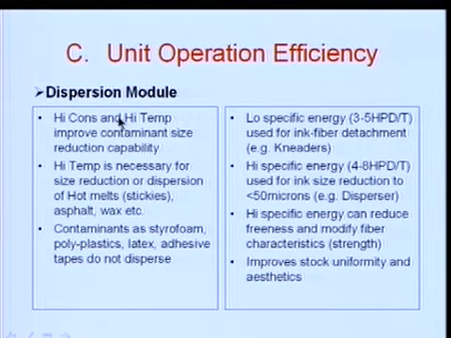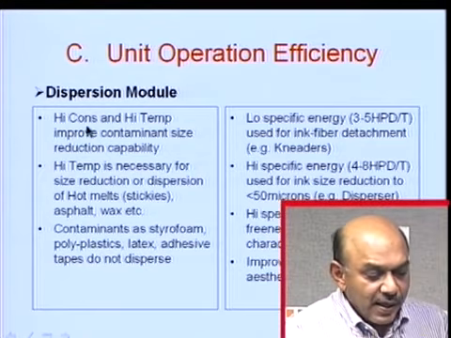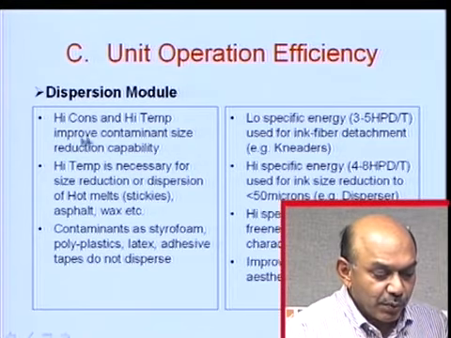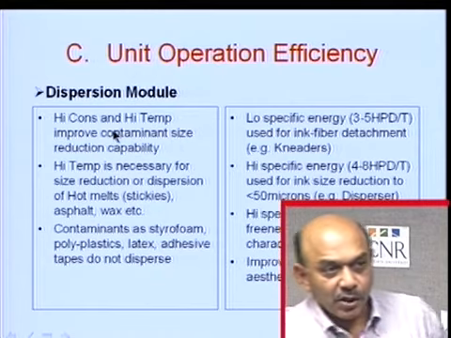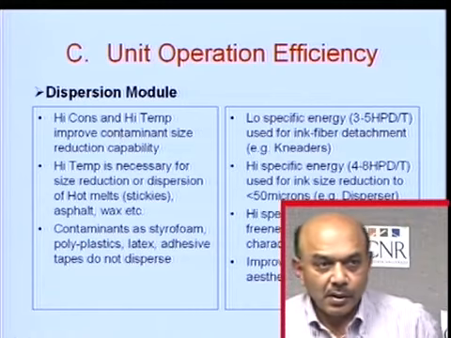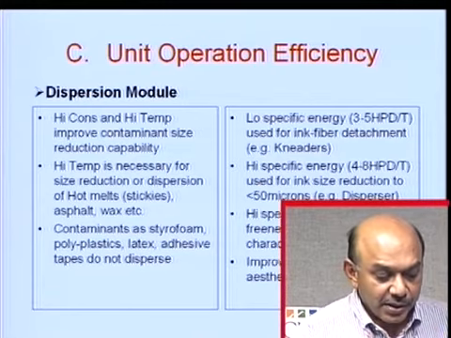Dispersion module, now this is another important one where you have to understand these operating conditions. High consistency and high temperature improve contaminant size reduction capability. High consistency enhances fiber to fiber rubbing or shear action, so it improves size reduction efficiency.